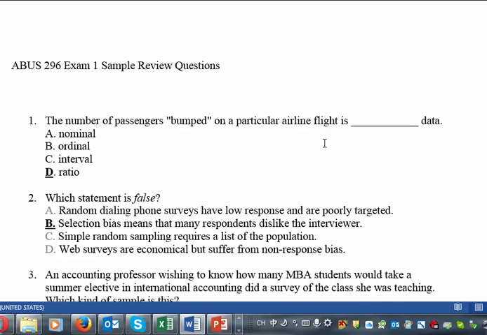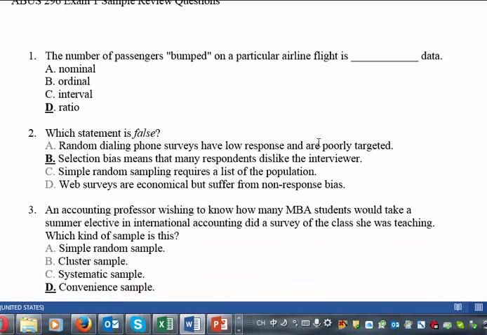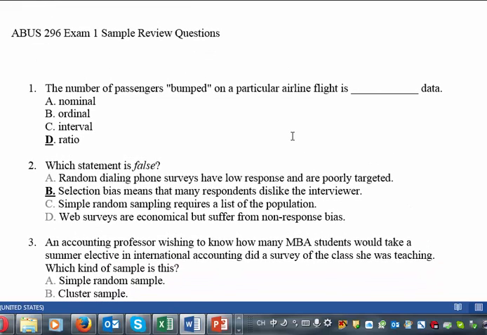First question, the number of passengers bumped on a particular airline flight is what kind of data? In case you're not familiar with this so-called bumped airline passengers, it means that when airlines sell tickets to their seats on their flight, they normally overbook or oversell them.